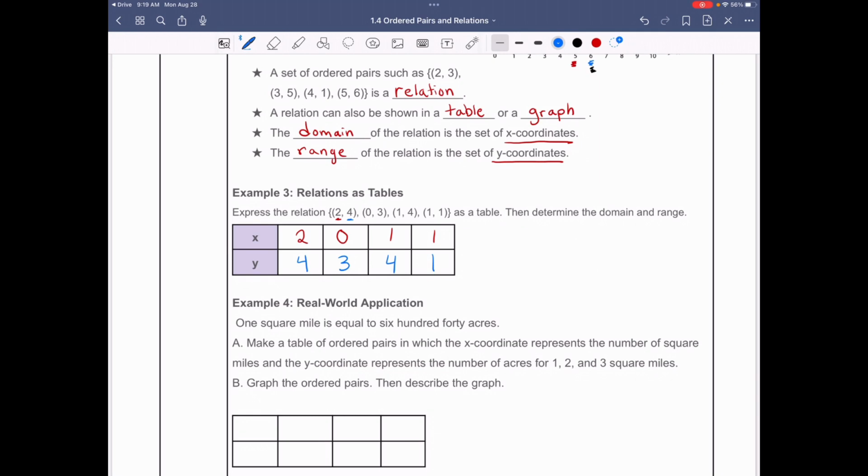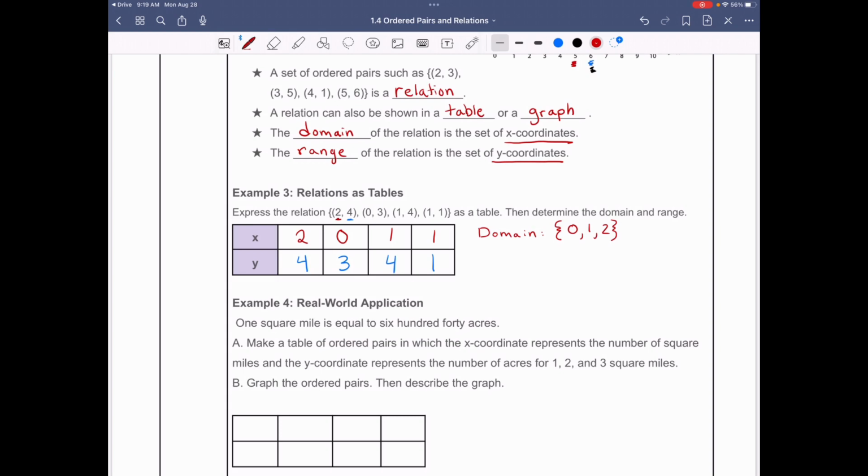Then determine the domain and range. So the domain, we're gonna start with 0 because that's the smaller number. And then we'll put 1 and we'll put 2. Those are the x coordinates, and we do not have to do 1 twice.